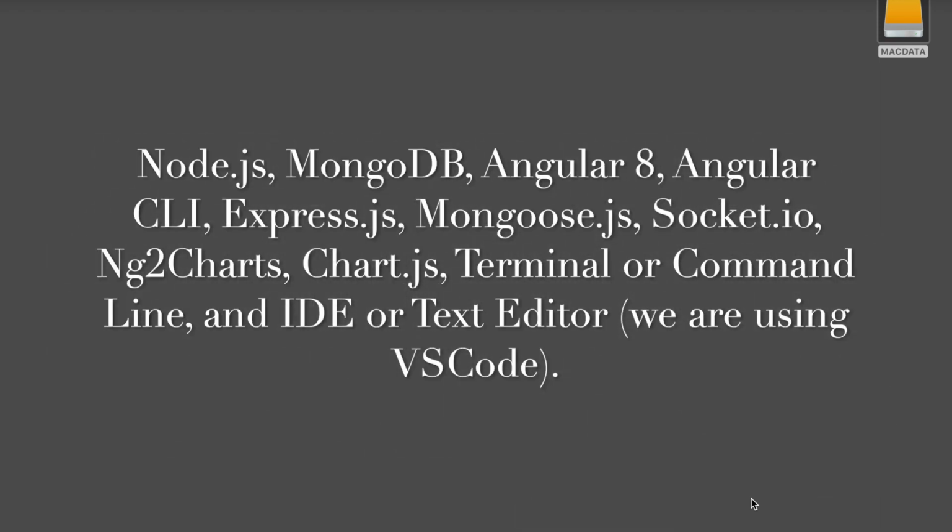The following tools, frameworks, modules, and libraries are required for this tutorial: Node.js, MongoDB, Angular 9, Angular CLI, Express.js, Mongoose.js, Socket.io, ng2-charts, Chart.js, terminal or command line, and IDE or text editor. We are using VS Code.